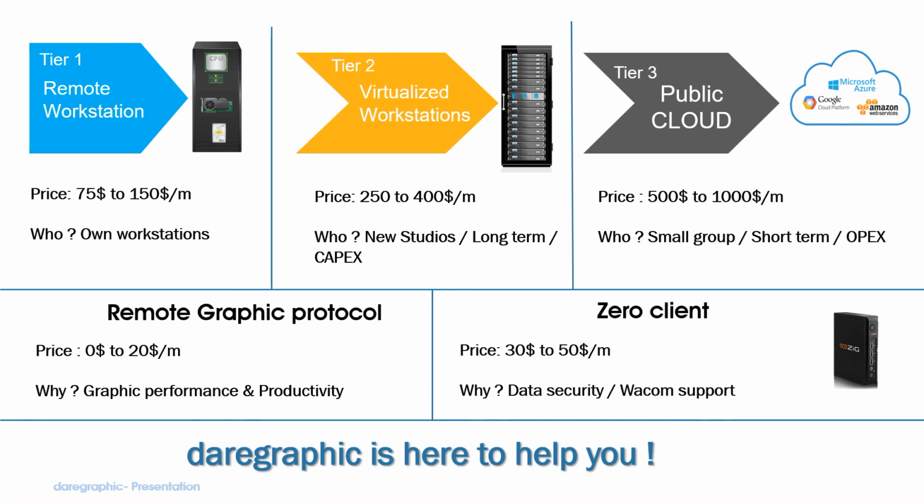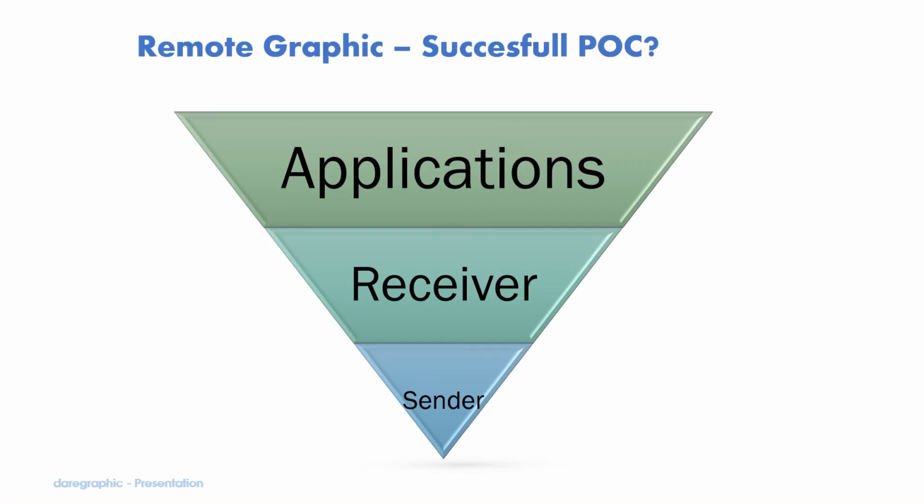If you go with TGX or Teradici, you're going to pay around $20 per month. And the zero client is around $350, $400 to buy, so it's going to cost you $30 to $50 per month. Mind you, if you're looking at a public cloud, most likely the remote graphic protocol from Teradici will be included already, so there's no additional cost to pay there.